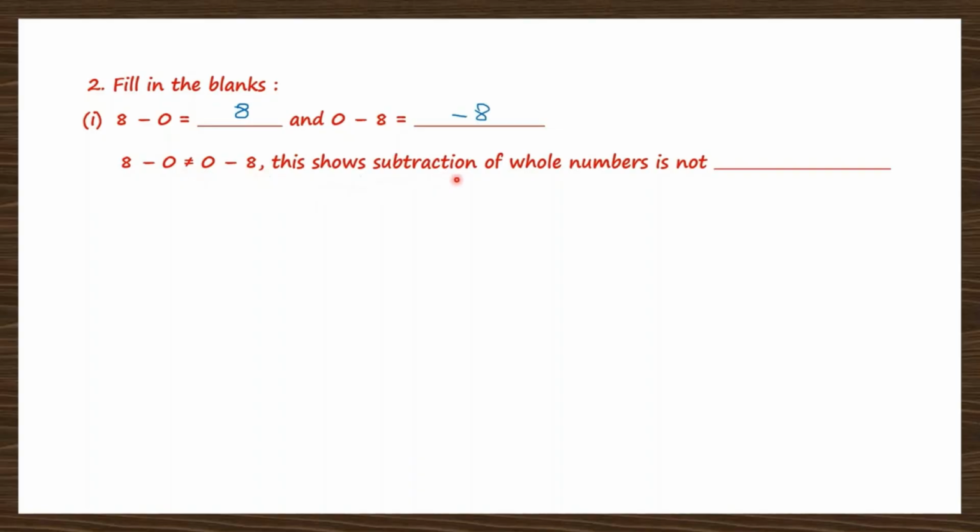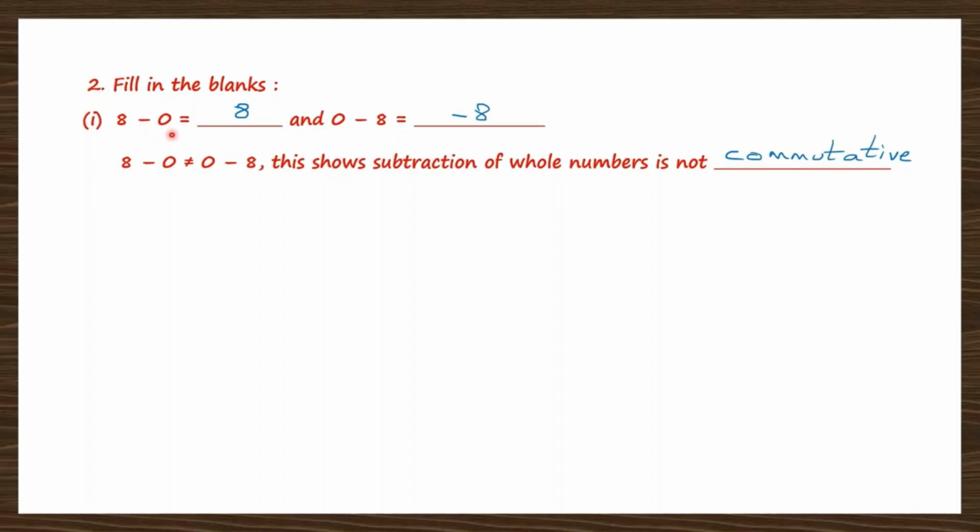This shows subtraction of whole numbers is not, we're talking about a property, and that property is called the commutative property. And what is the commutative property? This is true for addition of whole numbers, but not for subtraction of whole numbers.